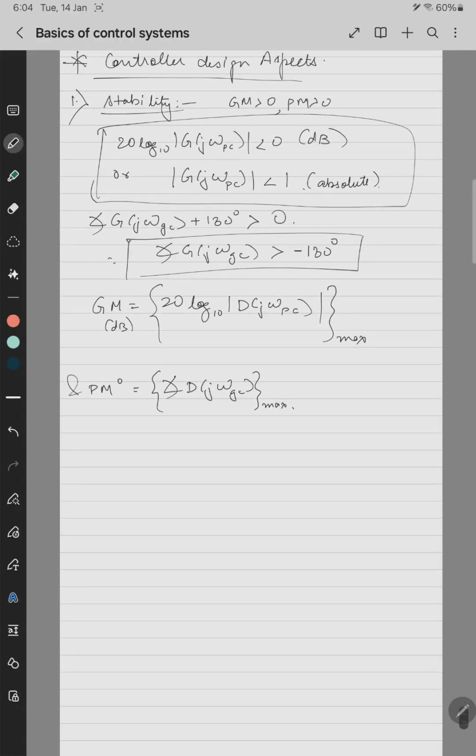Steady state error we can also see, but as we already decided from the time domain analysis, using a PI controller we'll get zero steady state error, and if you use a P controller we will not get zero steady state error.